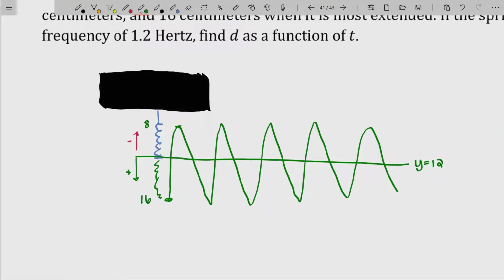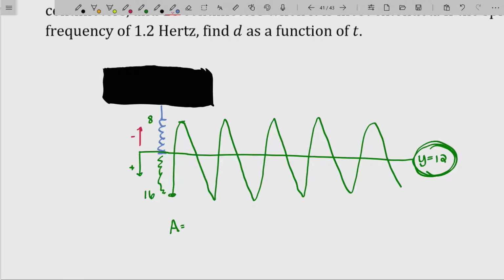it is rare that you really care about the midline in these problems. You only use that to find the amplitude of the oscillation. And the amplitude of this oscillation is the distance between the midline, mark that here, and either the minimum or the maximum.